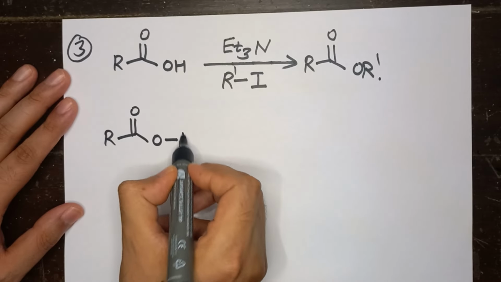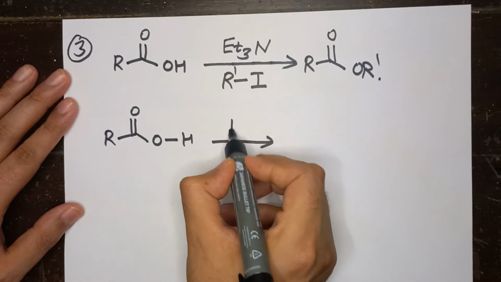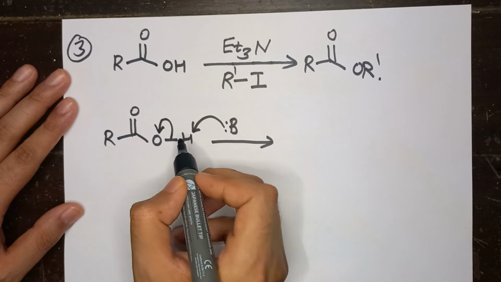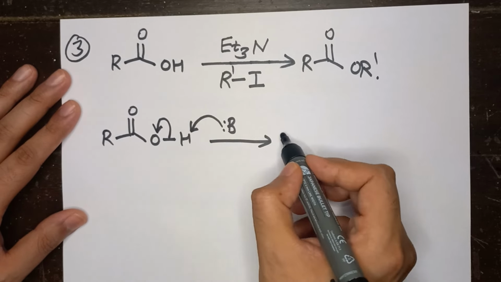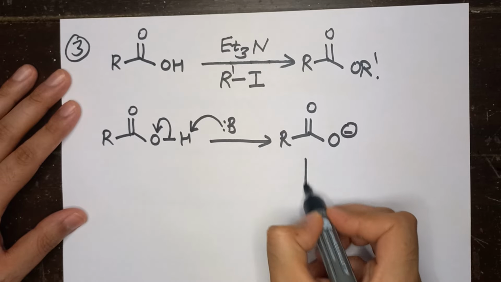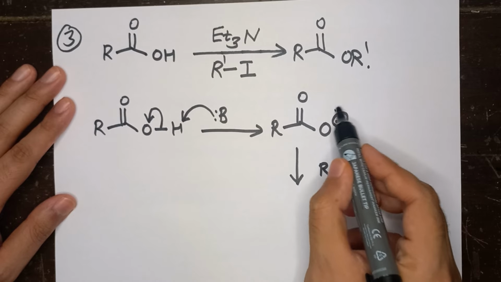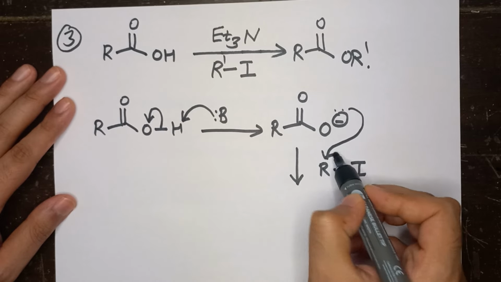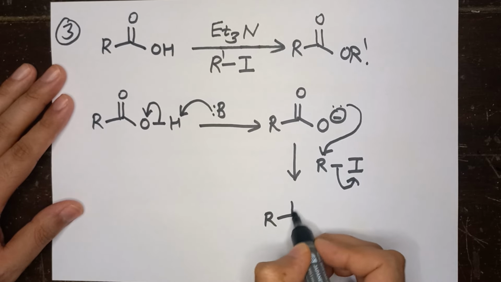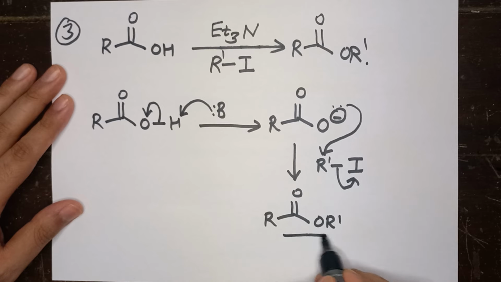I have a carboxylic acid. I have this very acidic proton. I'm using a base that will take away this proton, and will generate a carboxylate anion. And once you have an anion, when you react it with alkyl halide, it will attack at this alkyl carbon, will eliminate the iodide anion, and this is how you generate the ester molecule.